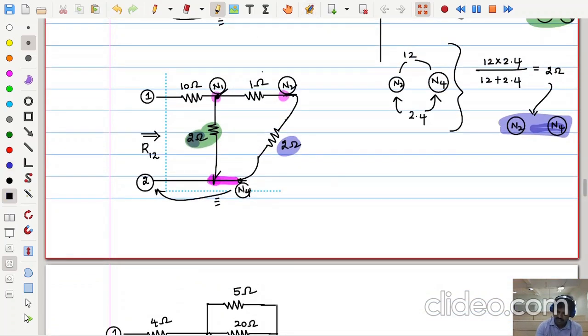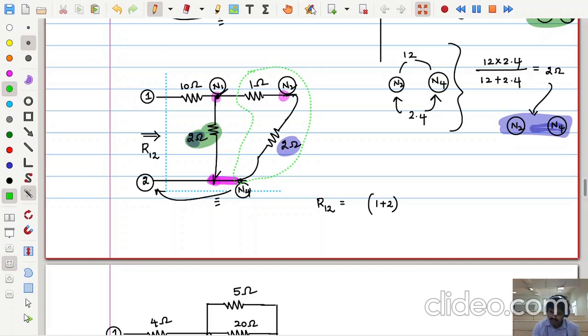Now I will write directly like this, R12. You should learn in this way, when the circuit is simplified so much. 1 plus 2 is what? The series. That combination, when I make this 1 and 2 a single element, that single element is in parallel with what? 2 ohms.